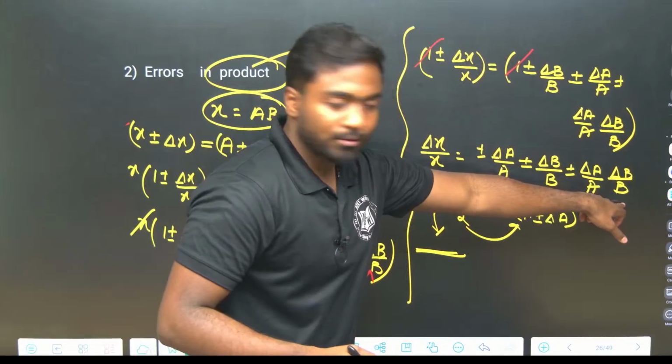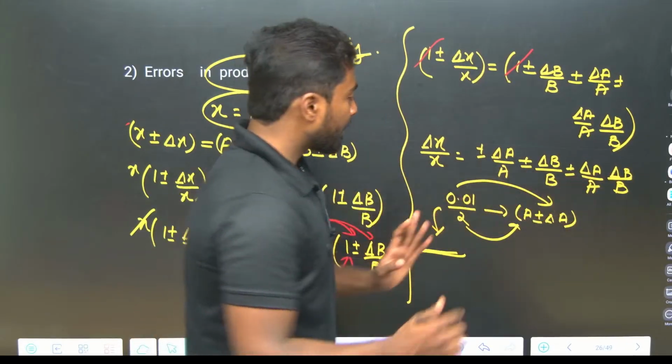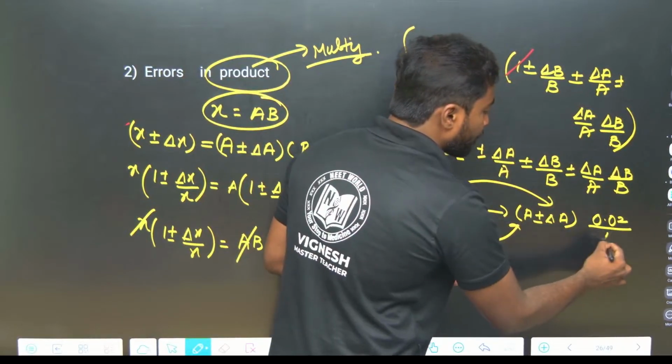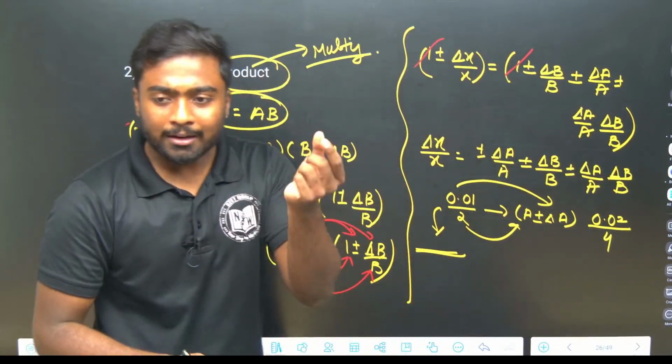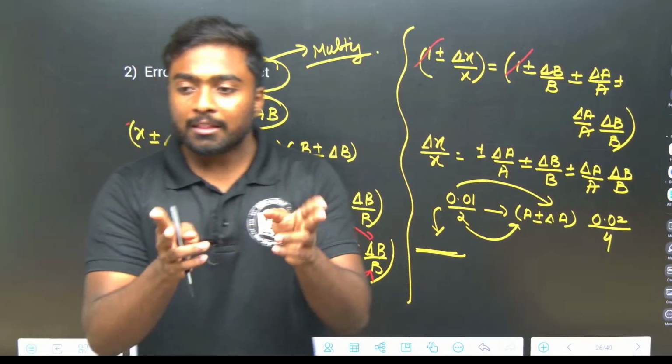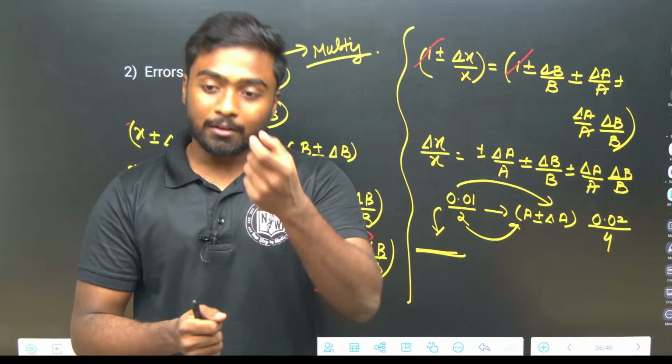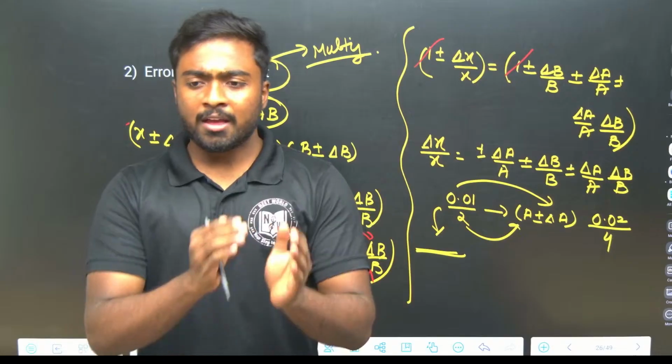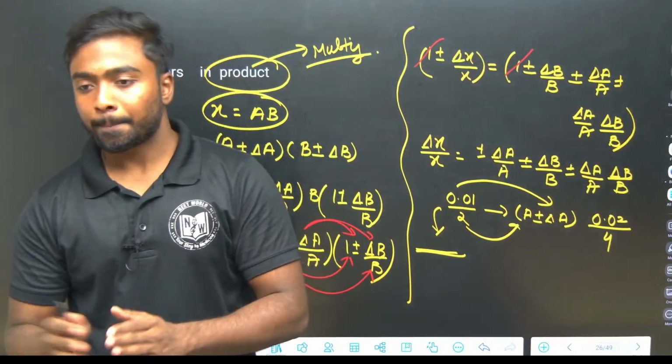Again, if I take delta B by B as 0.02 divided by 4, I will get again a small value. If I multiply both small values, I will get again a very small value, 0.000 something.